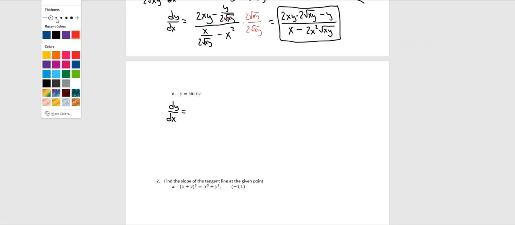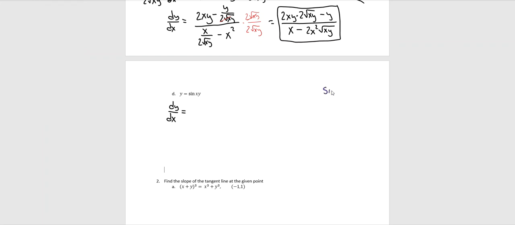Okay, here we go. On the left, the derivative of y, that's just dy dx. On the right, let's change colors. Let's go back to purple. So we're looking at the sine of xy. I'm going to let this be u. So we're looking at the sine of u.